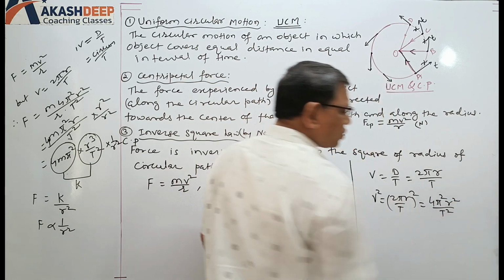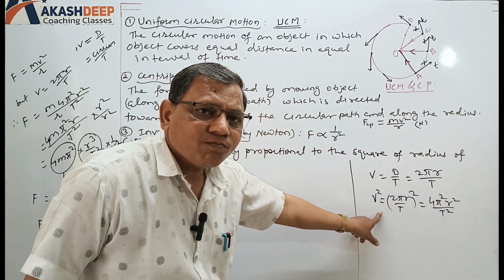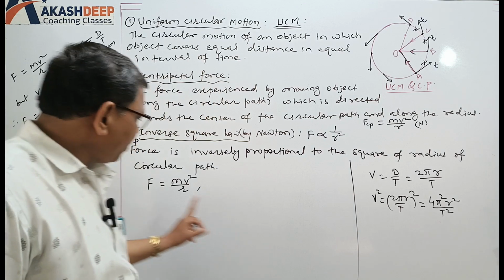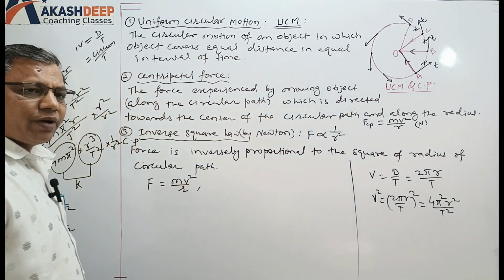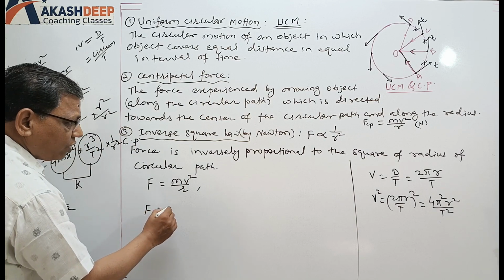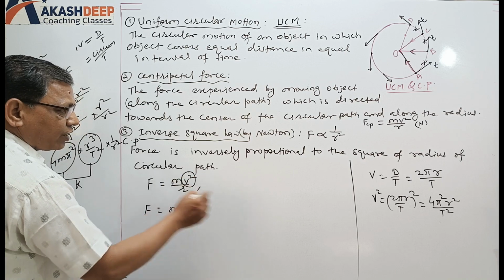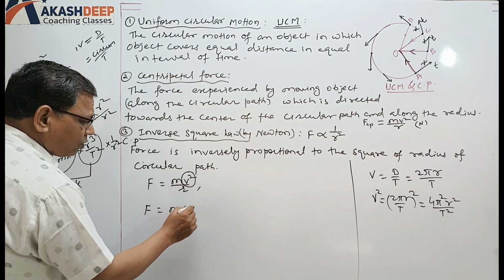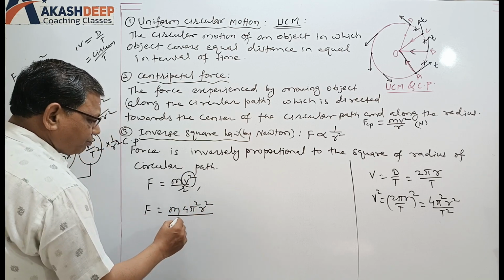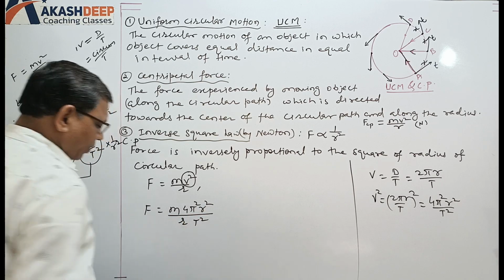upon T square. Let us put this value of v square in the expression F is equal to mv square by r. We will have F is equal to m into 4 pi square r square upon r and T square.